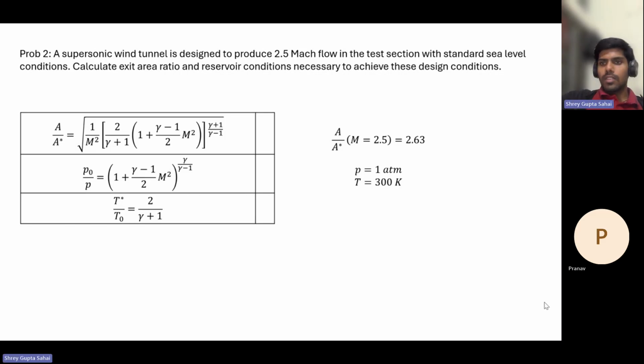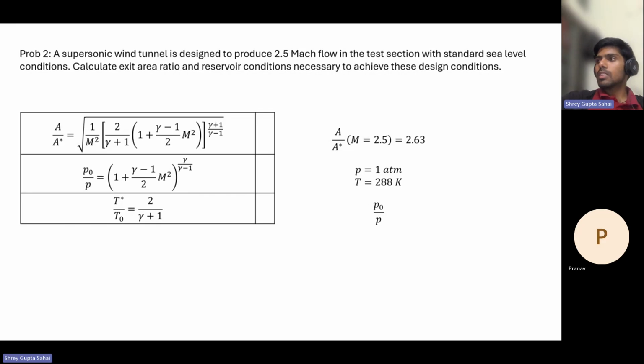Fine, that is okay. So 288 is 15 degrees Celsius. So now, just putting in the formulas again, you'll get the reservoir conditions: the reservoir temperature and reservoir pressure, and that's it. You can calculate the reservoir temperature using this formula.